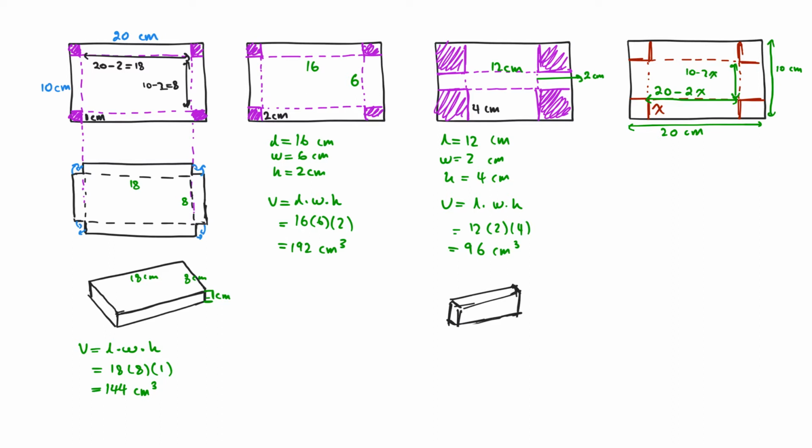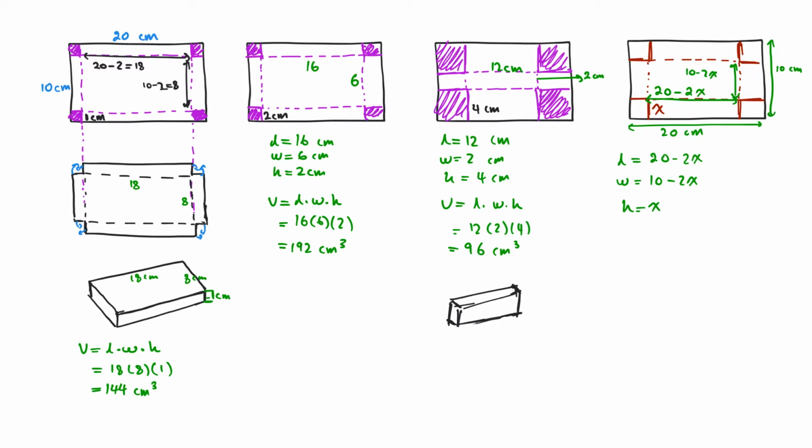If I write everything down, my length is going to be 20 minus 2x, my width is going to be 10 minus 2x, and my height is simply, again, similar to every other case we've done, the cutout length, because that's what I'm folding to make the box, and that's simply x.